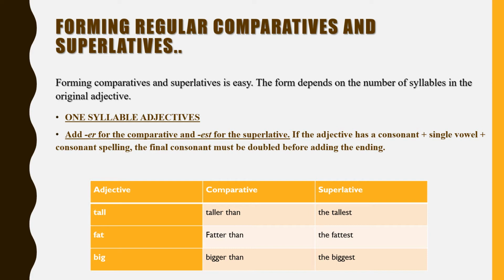Okay, another, big. I will double the last letter G: bigger than. This is the comparative form, and the superlative form will be the biggest. Can you see? We doubled the last letter in fat and big.